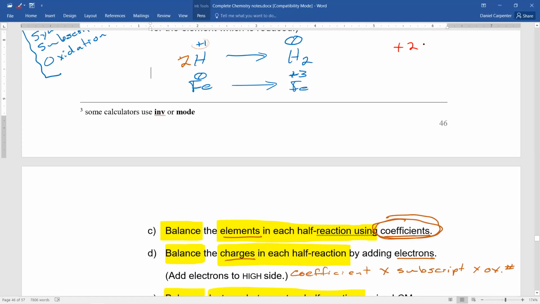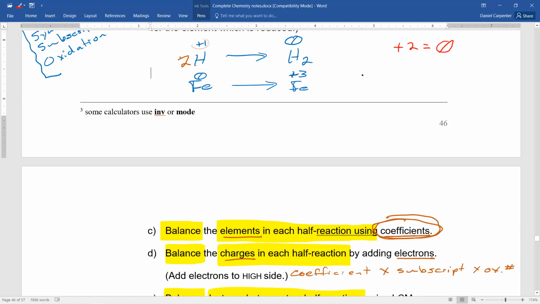And then we're going to want the left and the right to equal. So understood 1 times 2 times 0 is 0. Now, plus 2 does not equal 0.